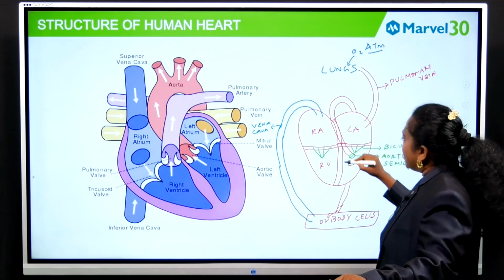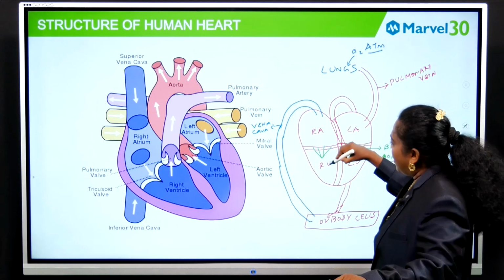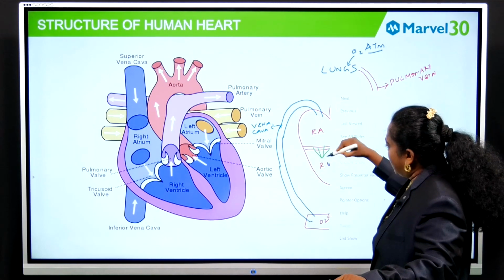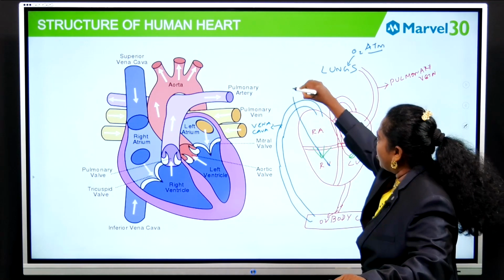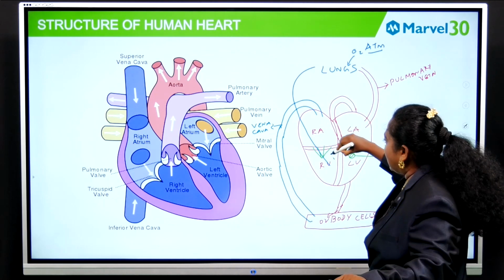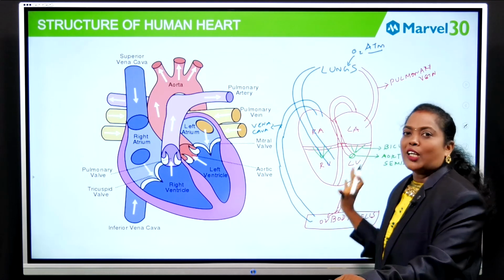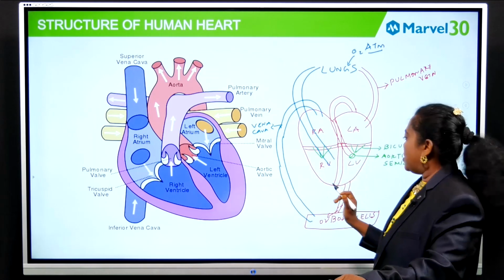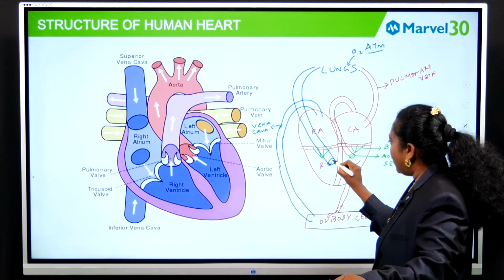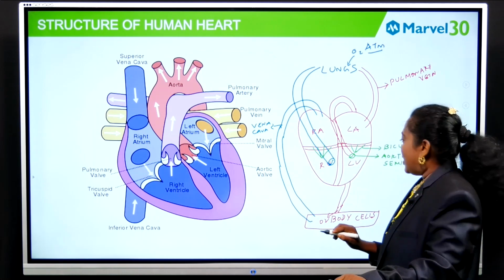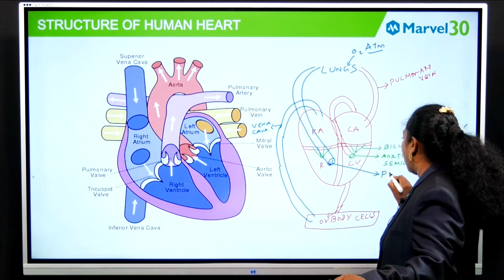From the right ventricle, the deoxygenated blood will again go to the lungs. I am just giving you the circulation, how the circulation will be. In this place, again another valve, the pulmonic semilunar valve.